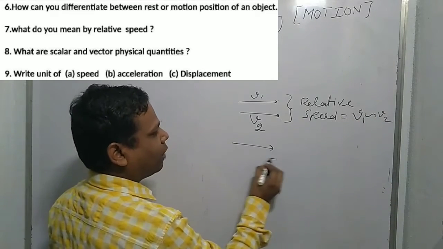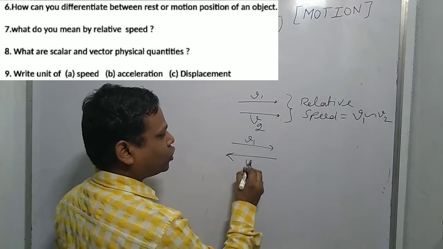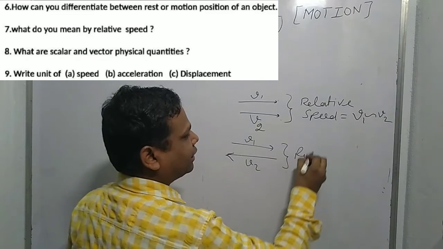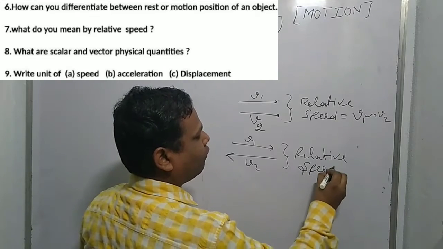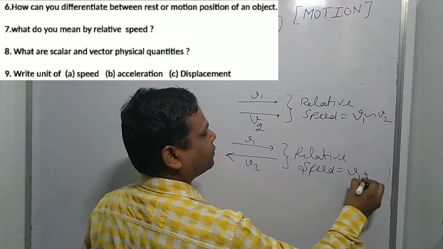If both are in opposite directions, then relative speed will be the sum of these.